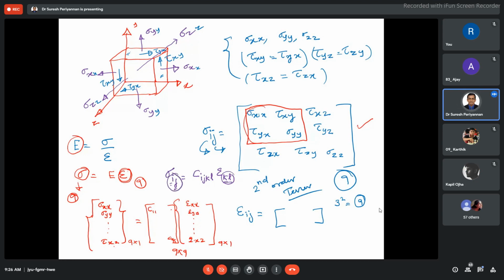But as per the mathematical concept, we now introduce a 9 by 9 matrix.